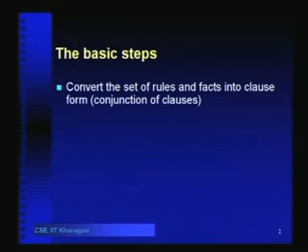We will first convert the set of rules and facts into clause form, and recall that in the last class we had discussed that a clause form is a conjunction of clauses, and each of these clauses can be a disjunction of predicates or their negations. So, that is the clause form.